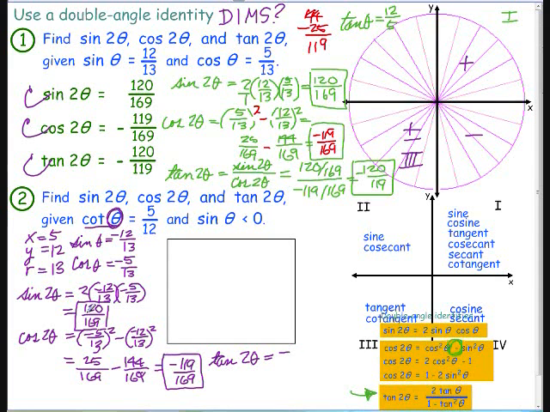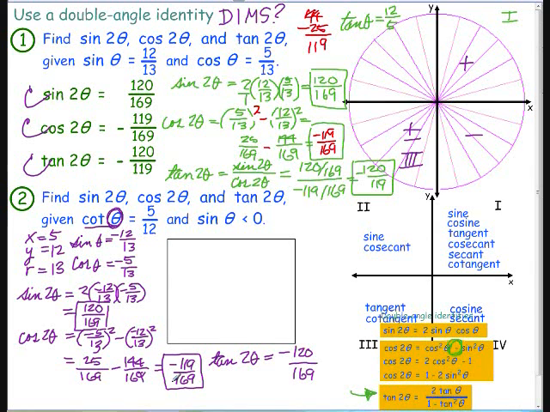It's going to be negative because one of these is positive and the other one's negative. And it's going to be 120 over 119.